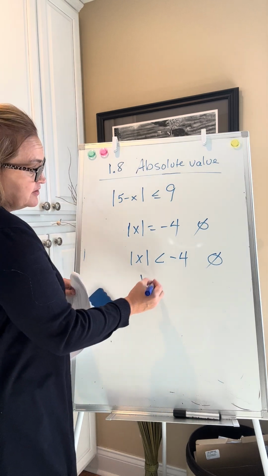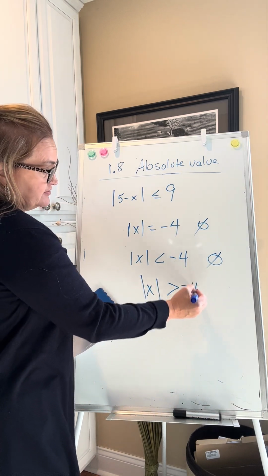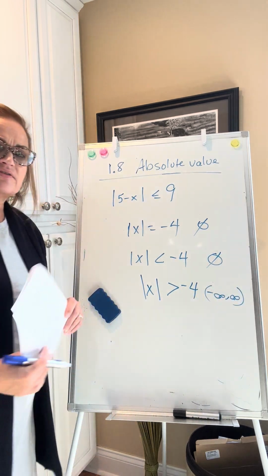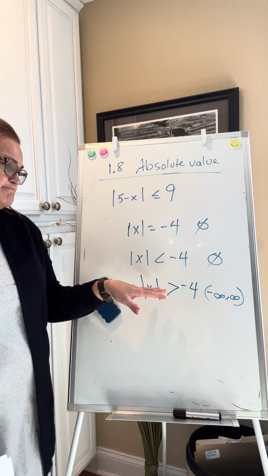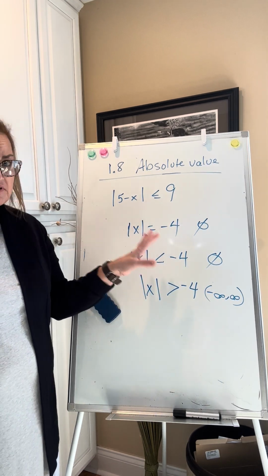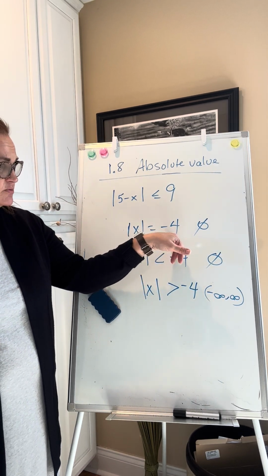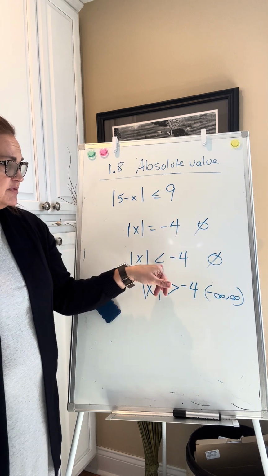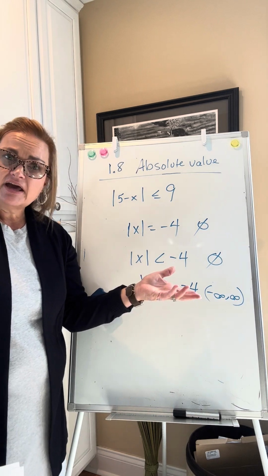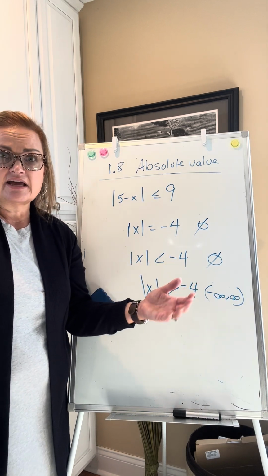Well, absolute value of x greater than a negative, that's always true. So think about these on the negative problems. For these 2 cases, that can never happen: absolute value can't equal a negative, and it can't be less than a negative. But greater than a negative, yes, absolute value is always greater than a negative.